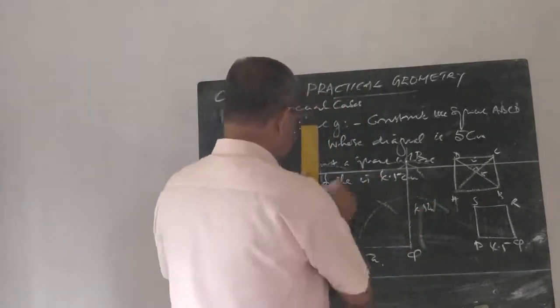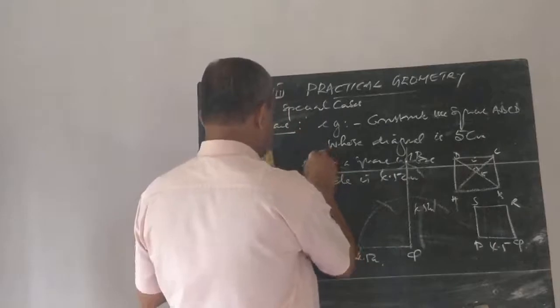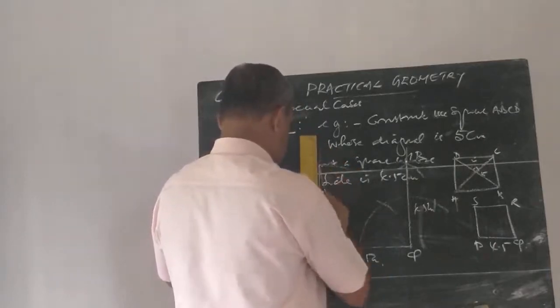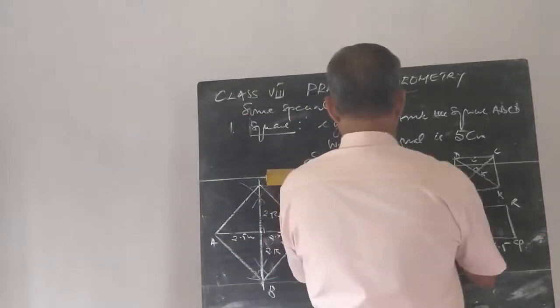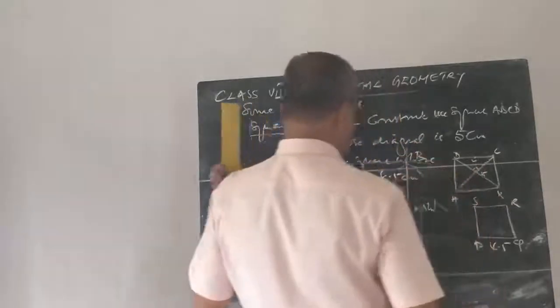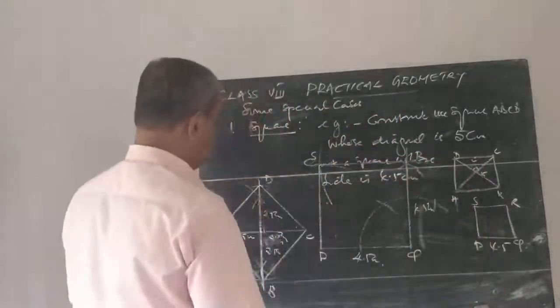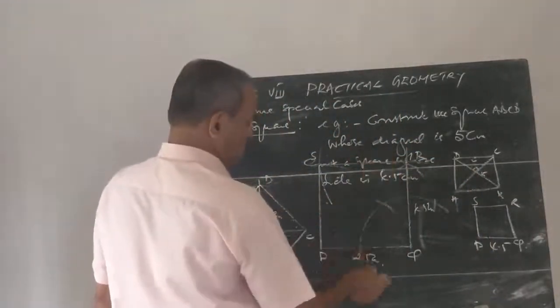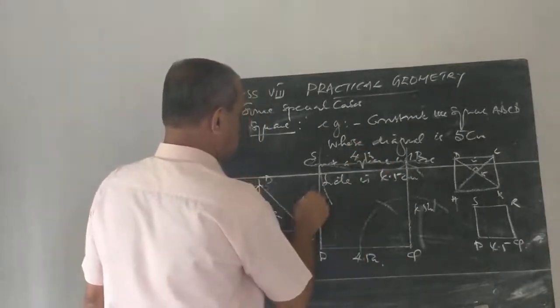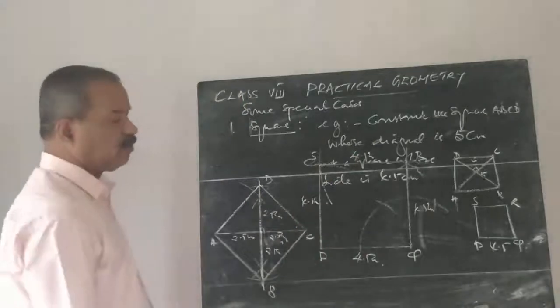This is the point S. This is the square, 4.5 centimeter. Required square PQRS.